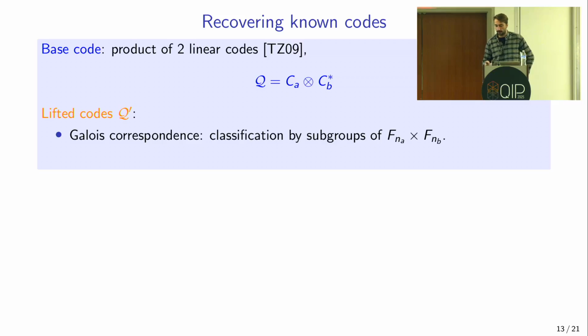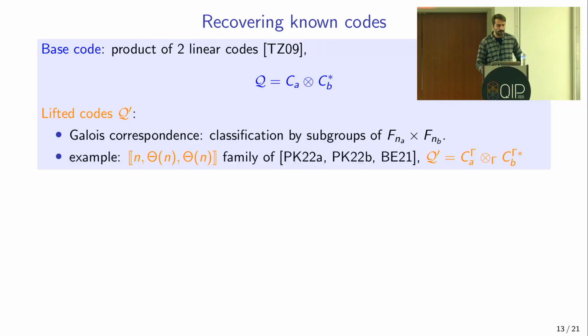And this is because the fundamental group of the Tanner-Cohn complex of this code is really this product. And also, as an example, which is really the main interest for lifting hypergraph products, you can recover the asymptotically good family of Panteleev and Kalachev.